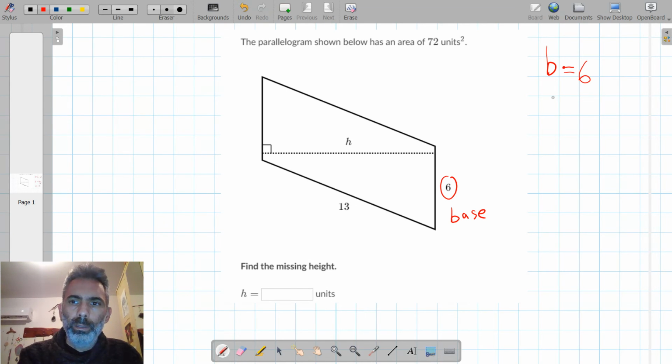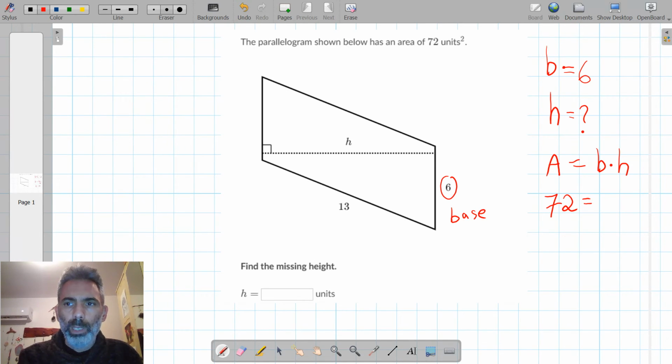And the height is unknown. But we know the area. So the area is B times H. And the area is 72. And we know that B is 6. So the area is 6 times H.